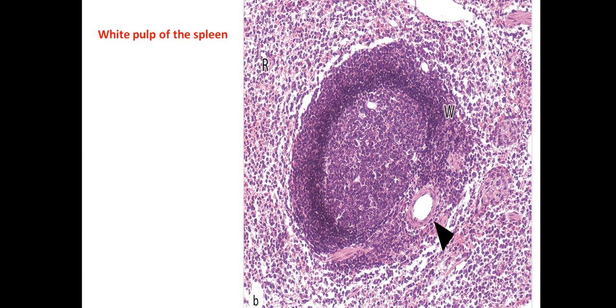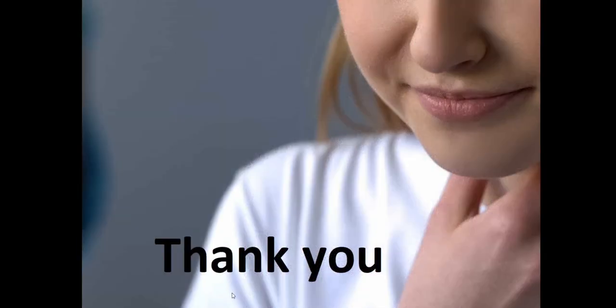This is the central arteriole in the marginal zone of the lymphatic nodule, surrounded by the red pulp that represents the splenic cord and splenic sinuses. And thank you for listening.